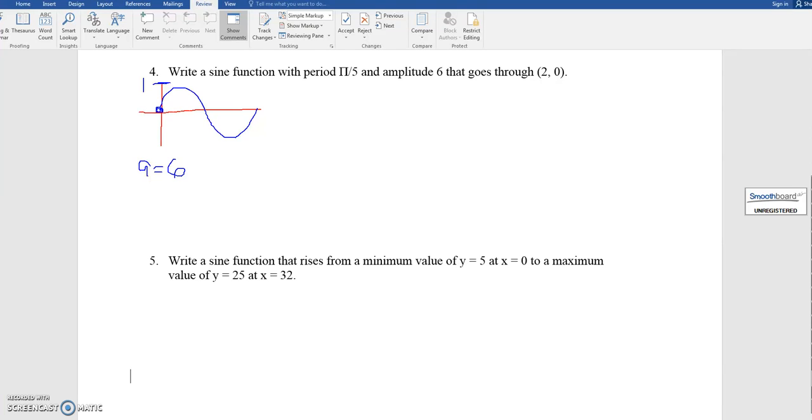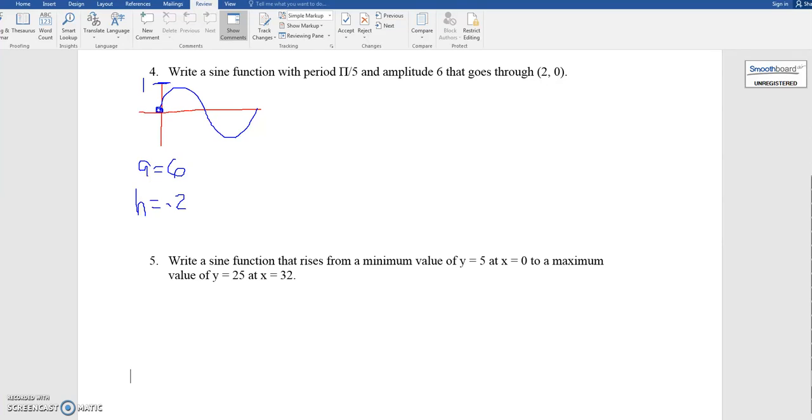Now this is the point where I need to say there are infinitely many functions that could work here. The easiest is going to be taking this and just moving it 2 to the right. So that means my h value has to equal -2. The tough part is going to be dealing with the period of pi over 5.